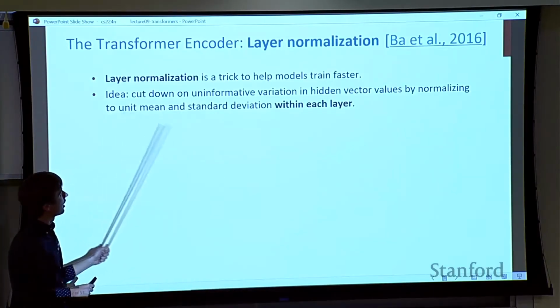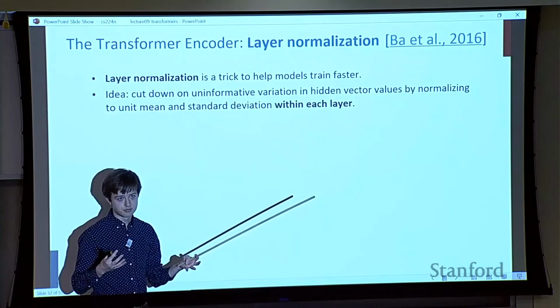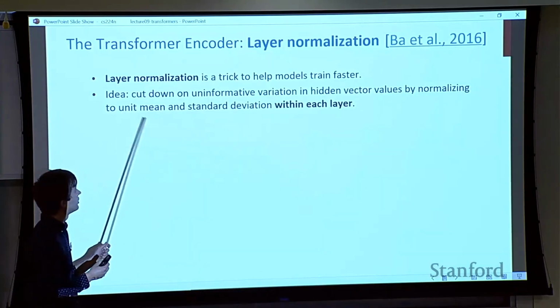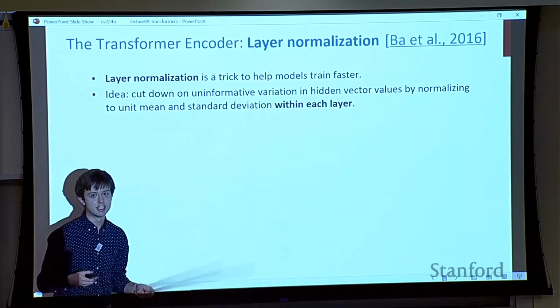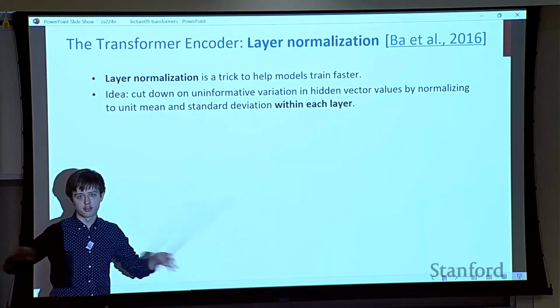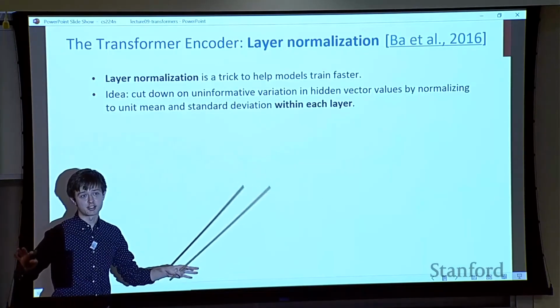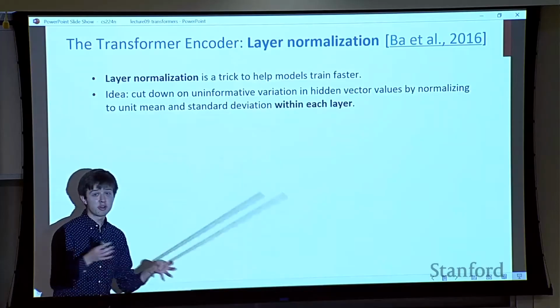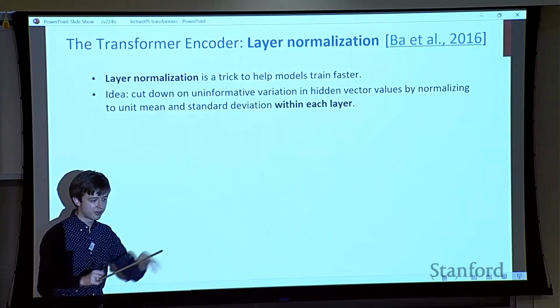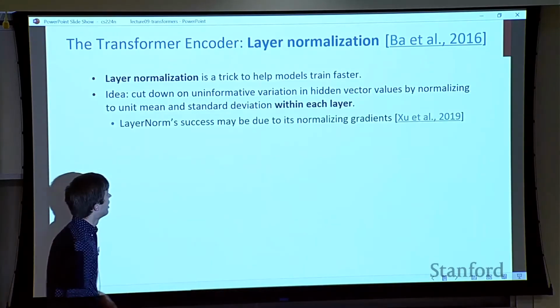But if we normalize within a layer to unit mean and standard deviation, then that cuts down on all this uninformative variation, and the informative variation, how the units were different from each other, is maintained.